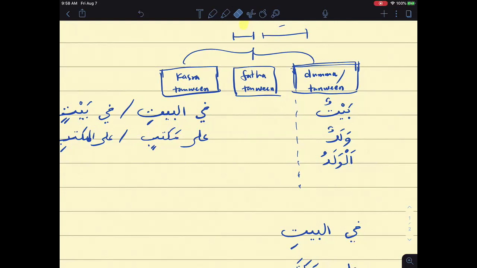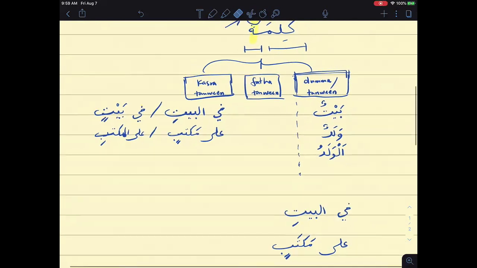But the problem is, just like life, the Arabic language has lots of exceptions. The exceptions make the whole language a little bit more complicated. So I don't want to bring those exceptions in at the beginning, because you have to learn the basics first, master the basics, then you can think about exceptions.